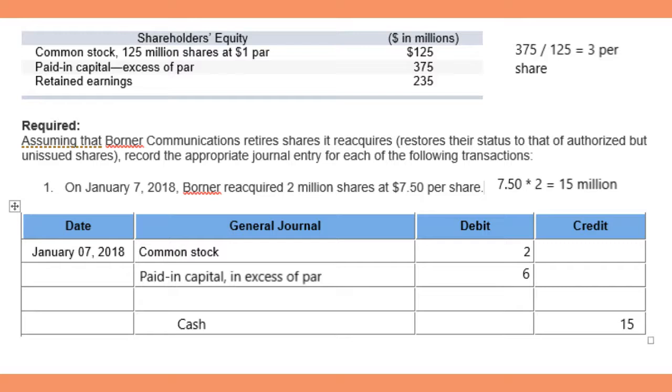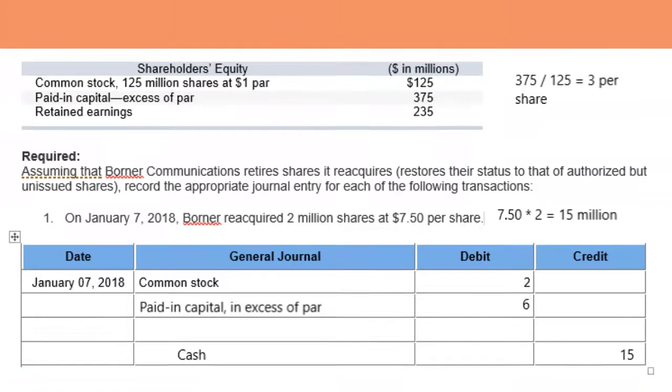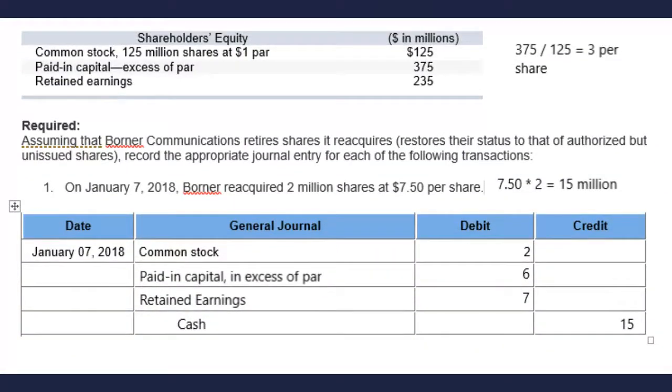We're buying those shares back at 15. So we're paying more. When that happens, that additional money we pay, we consider that an allocation of our retained earnings. In other words, we're going to reduce our retained earnings by that amount. So we're going to debit retained earnings for 7. If we paid the same amount, we would not have to worry about that because our entry would have been balanced when we hit the cash.